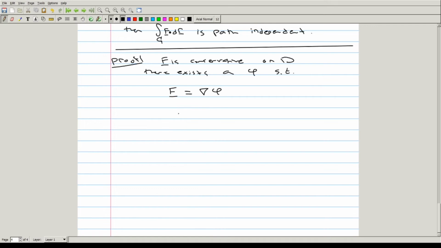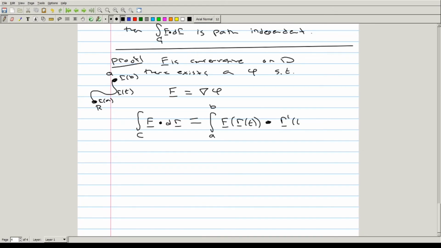And so if we now consider the line integral over some path C of f dot dr, we know that if we evaluate this over the curve C, say it's parameterized by, this is the point P, which is the position vector at A, position vector at B, it's the point Q, and then any one of these other points is r of t, and this line integral is going to be the integral from A to B of f at r of t dotted with dr, which is just r prime of t dt.